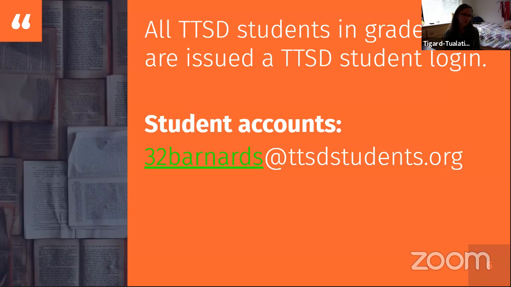So everybody in the same grade has the same number at the beginning. So students that are graduating this year, so seniors, would be 21, and I believe 32 might be a first grader. 28, I believe, is a fifth grader. So you might have to do a little bit of math to figure out what your graduation year is for your student, but that's what that first number indicates.